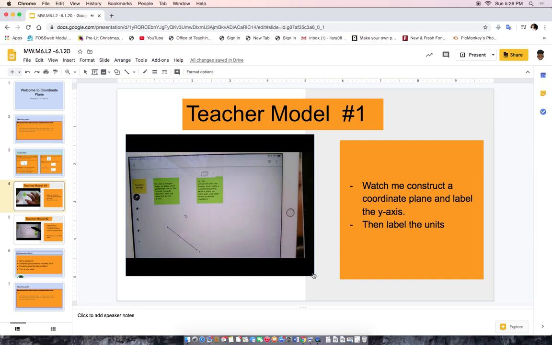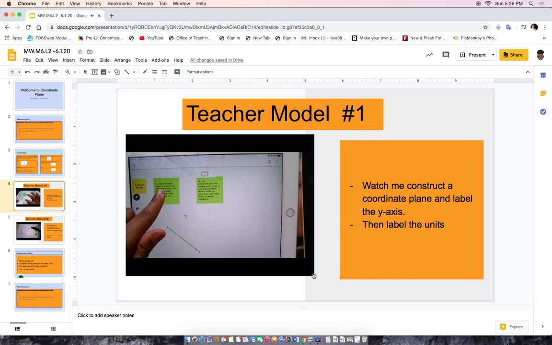Mark 4 units on each axis and label them as whole numbers. Okay, so this problem I already know has 2 parts. I have to first create a line, and then I have to mark 4 units on each axis and mark them as whole numbers.